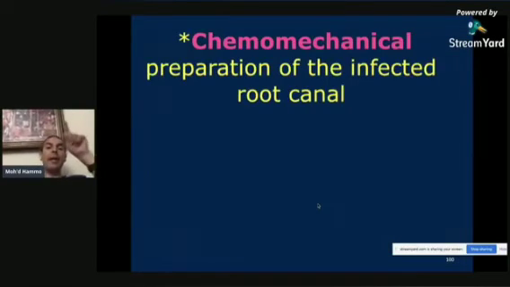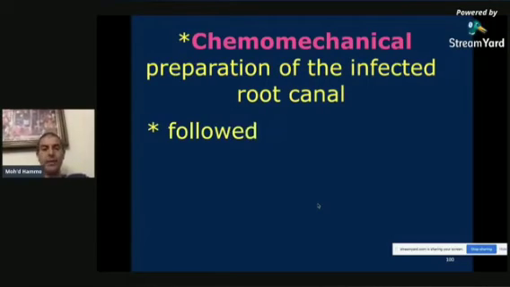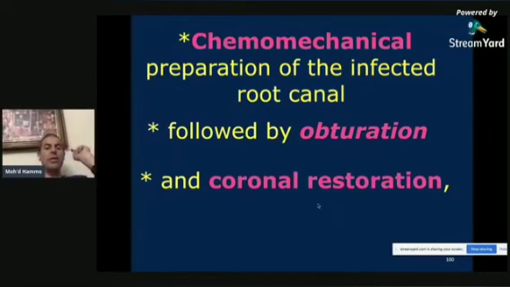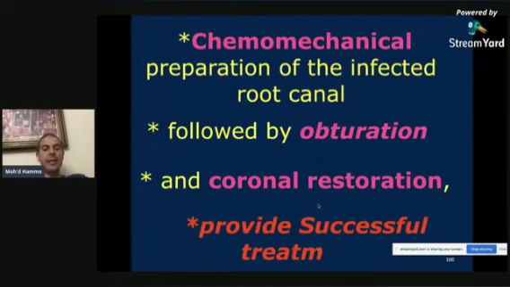So let me remind you, to treat apical periodontitis, we need to do the following: chemomechanical preparation of the infected canal. So we have to shape and irrigate well, followed by obturation of the whole root canal system, then coronal restoration, and that's it. This will provide a successful treatment. So let's see this case here.